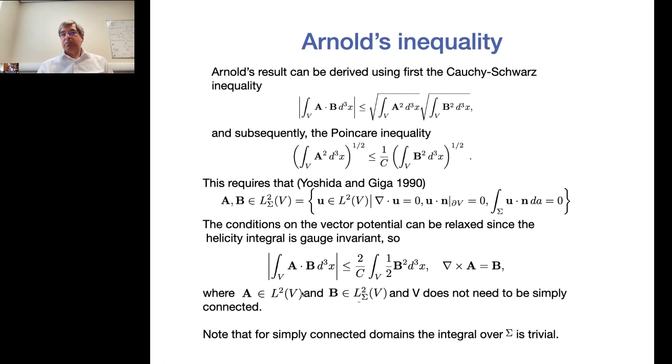So A could be just a square integrable vector field, but B still would have to satisfy these conditions if we have a non-simply connected domain. So this is a first result. We can indeed look at this inequality also in a torus, but then we have to make sure that B is part of this set L2 sigma.